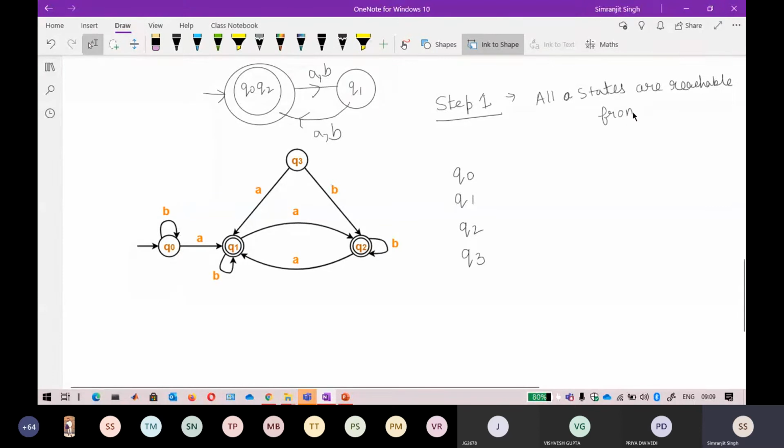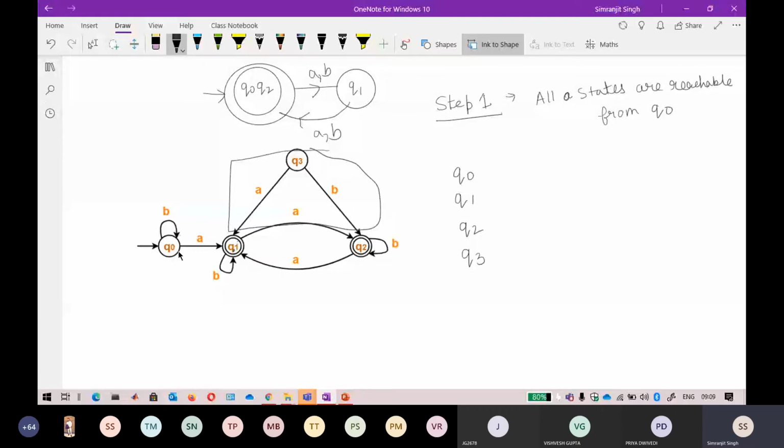From the initial state Q0, you can go towards Q1. From Q0, you can go towards Q3. Looking at this, from Q0 you cannot reach state Q2.